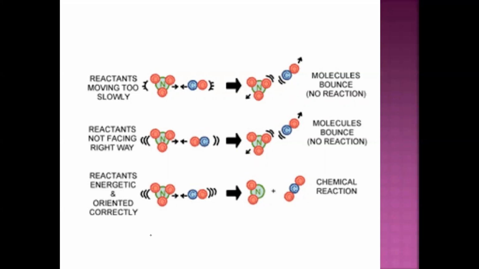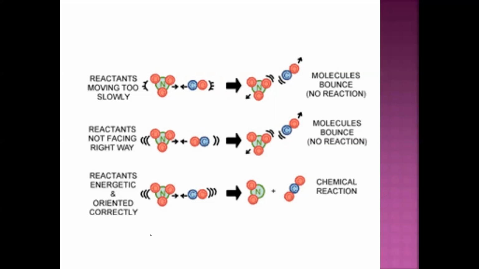If the molecules are not in the correct arrangement when they collide, then nothing will happen either. Even if they have enough energy, if the right parts don't hit together, nothing's going to happen. So in order for a chemical reaction to occur, you have to have both enough energy, enough fast movement, and the molecules need to be oriented properly.